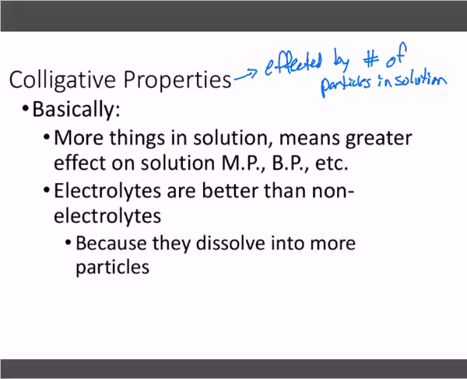Why would electrolytes be better at affecting these properties than non-electrolytes? Garrett? Because they have a charge. All right, it's not just that they have a charge. Hang on, I'll come back and answer your question in just a second. Why, guys? Why do you think electrolytes would have a bigger impact? It goes along with a charge, but what does a charge mean?